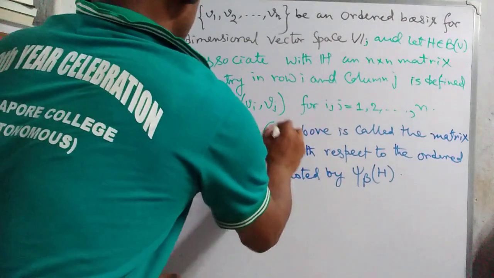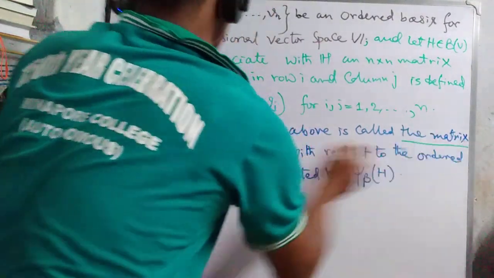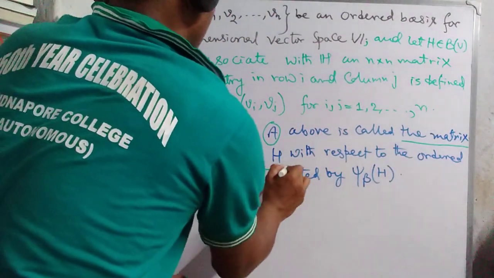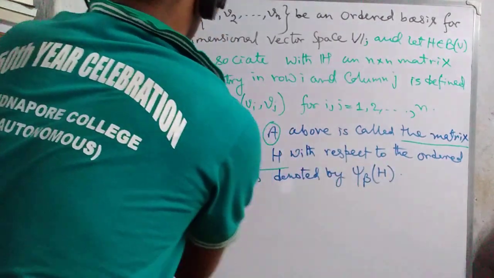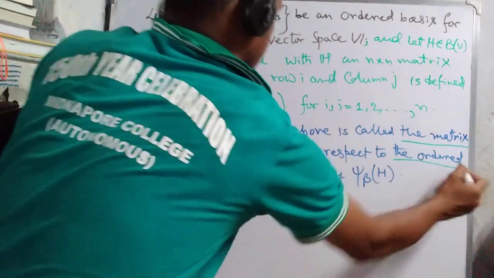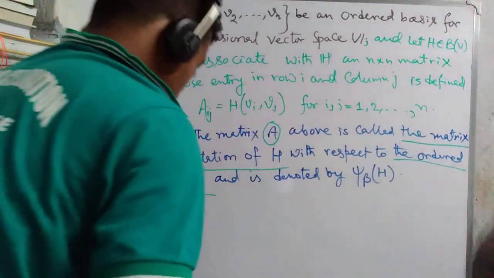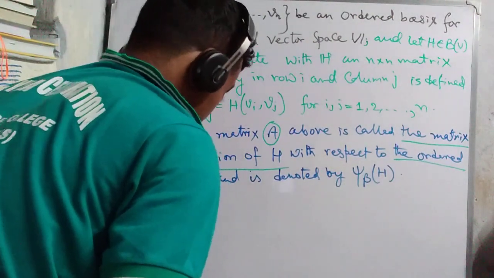The matrix A above is called the matrix representation of H with respect to the ordered basis beta, denoted by psi beta H.